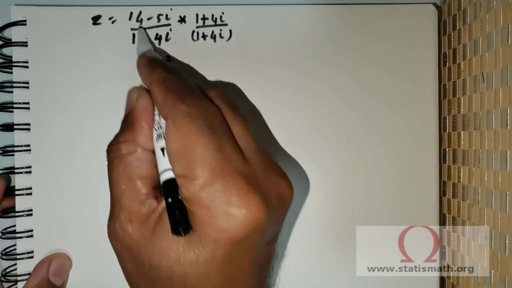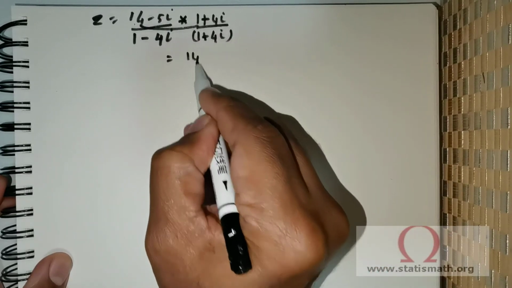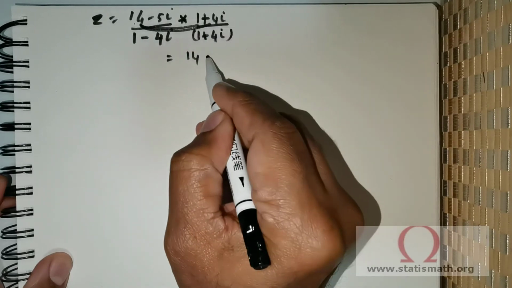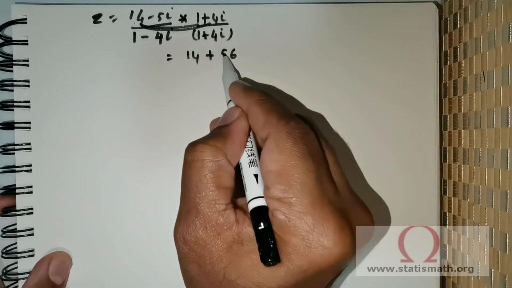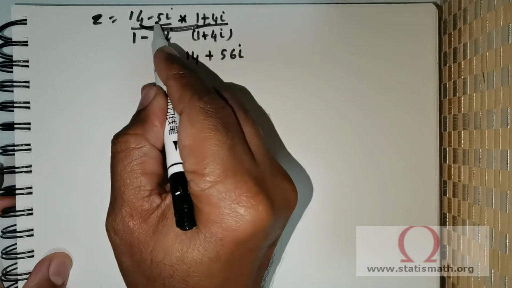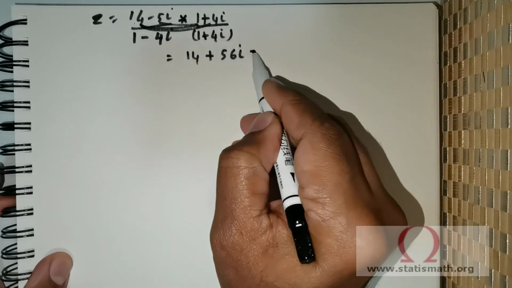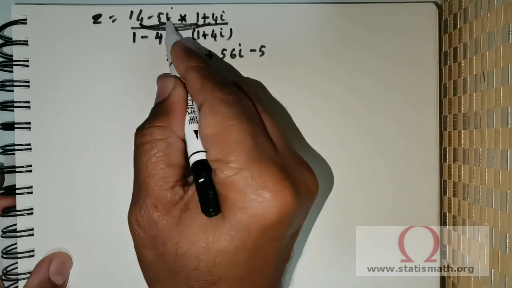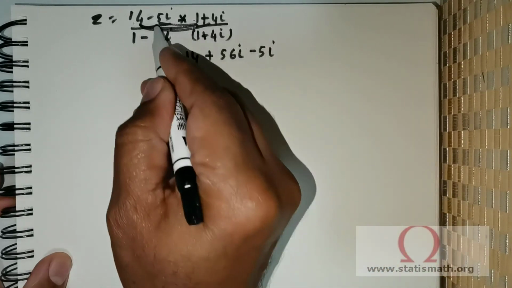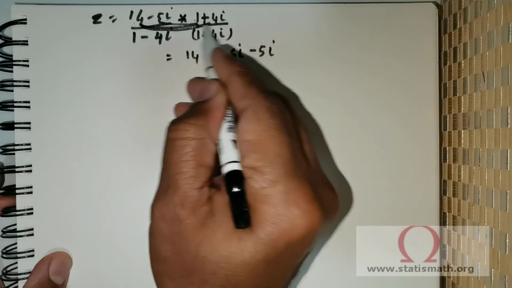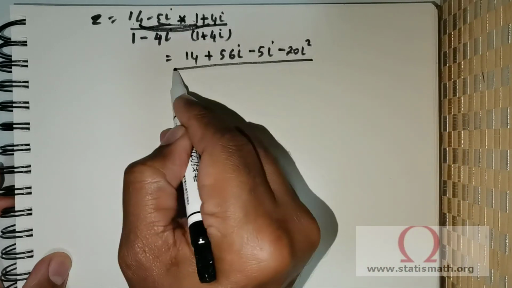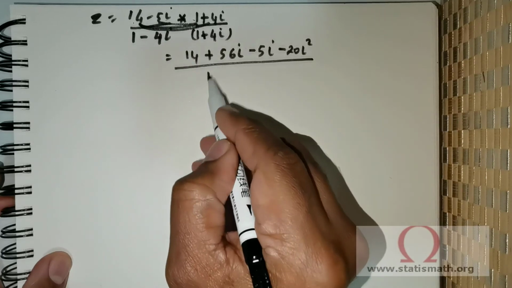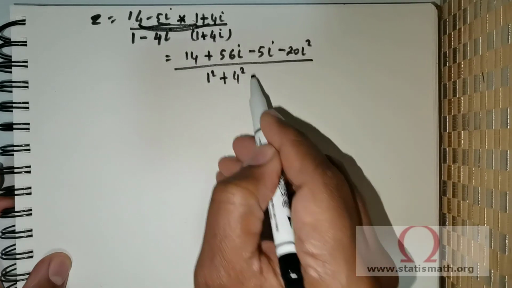Now this is equal to 14 times 1, 14 times 4i, that's 56i. Negative 5i multiplied by 1 is -5i, and -5i multiplied with 4i is going to be -20i², divided by 1 squared + 4 squared.